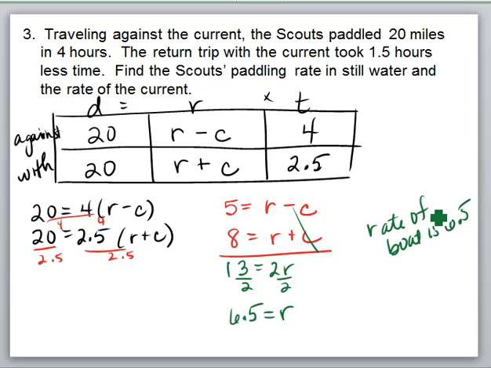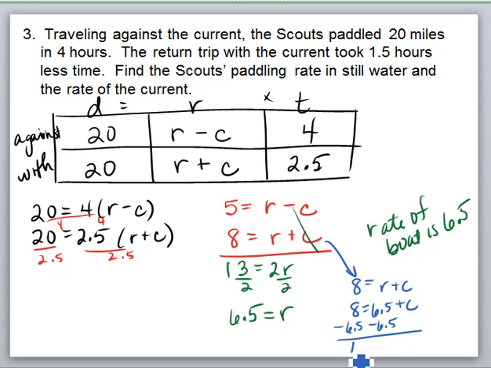And then I just need to figure out the rate of the current, and I'll go ahead and do that with this problem right here. So it's 8 equals r plus c, so it would be 8 equals 6.5 plus c. Subtract 6.5 off both sides, and I end up with a current of 1.5.